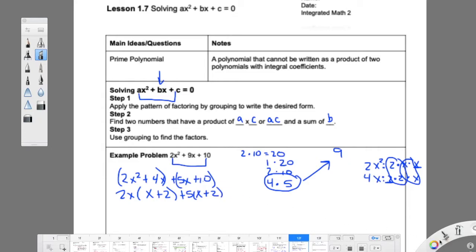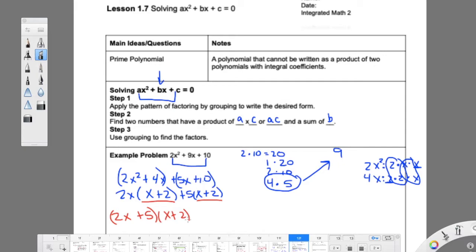So now I have my identical binomial. I'm going to take my two multipliers and put them together. So I have 2x plus 5, there's my first binomial, and then the second one is x plus 2. Remember, this is going backwards from one of those very first methods we learned for multiplying binomials.